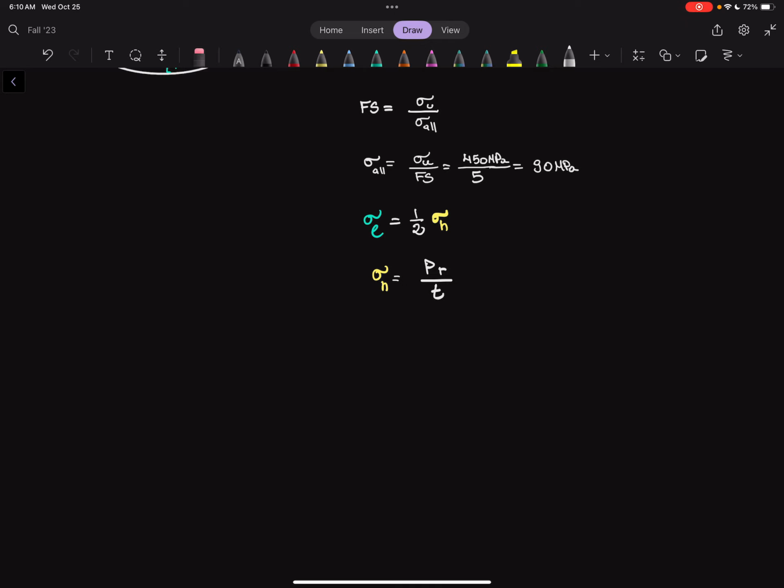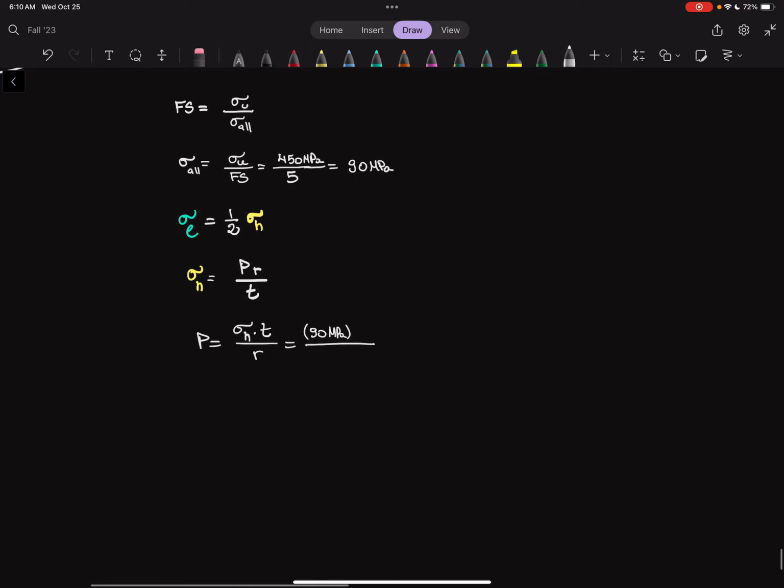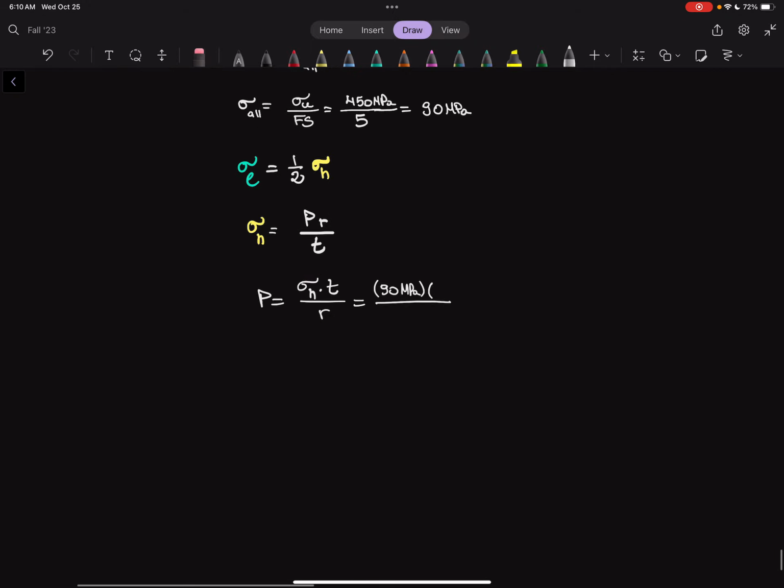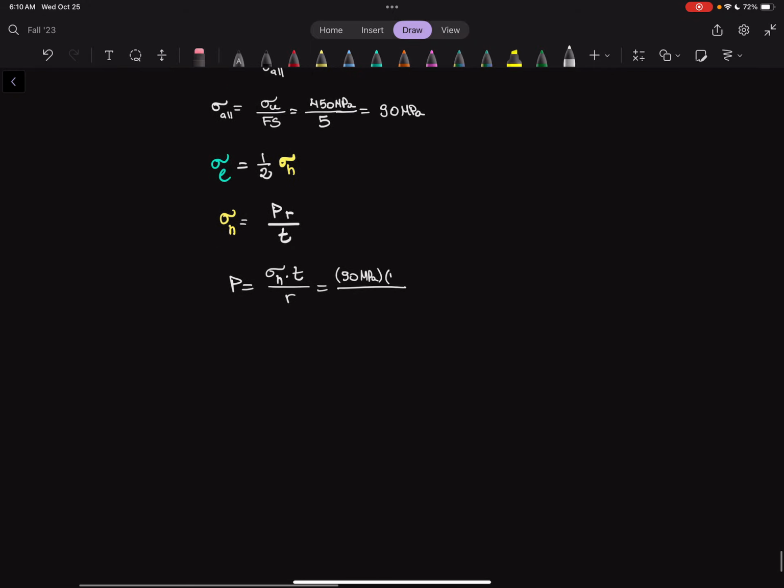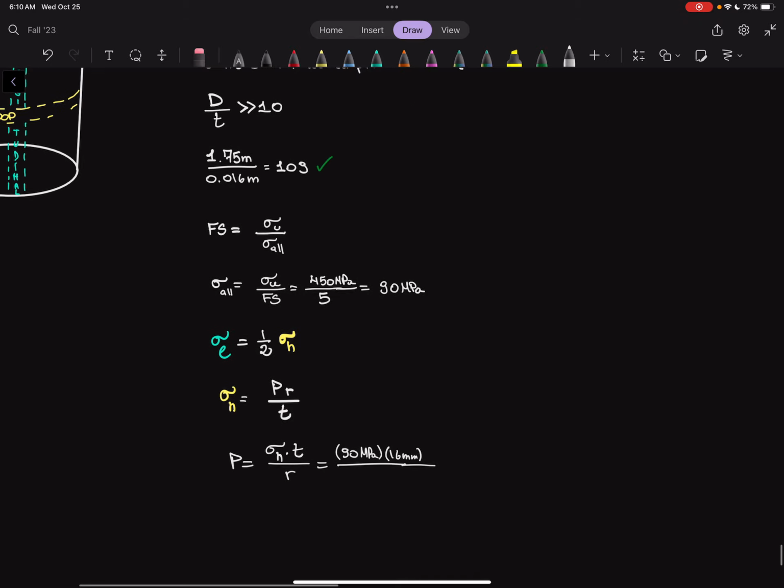So let's just solve for P. P equals sigma hoop times t over r, the thickness divided by the radius. And so what is this? Well, we said we don't want more than 90 megapascals. And the thickness, they're saying, is 16 millimeters. And the radius, we need to find it.